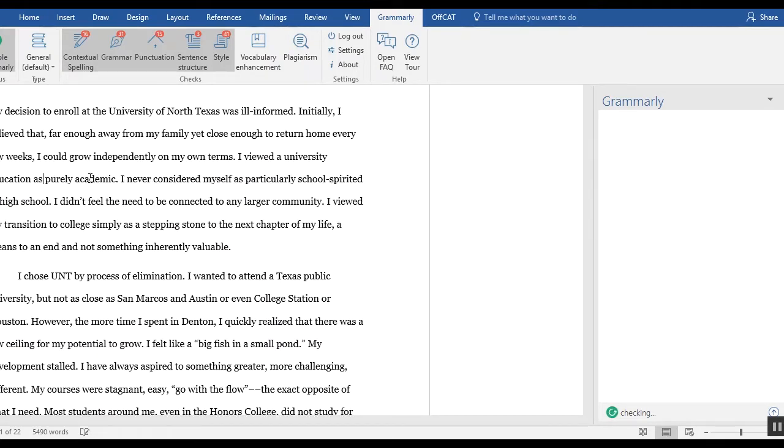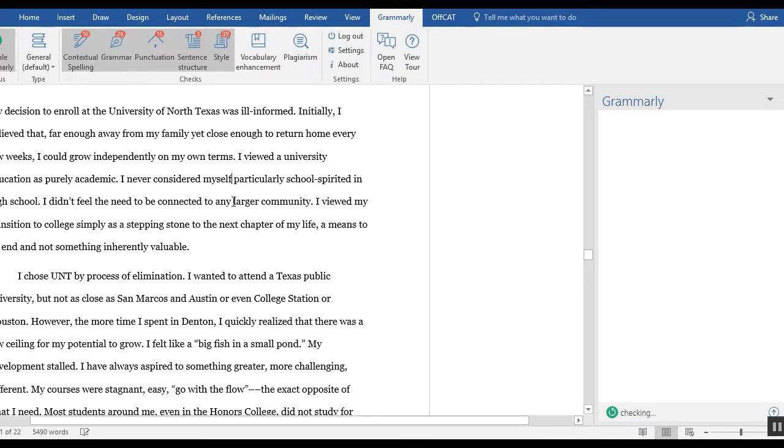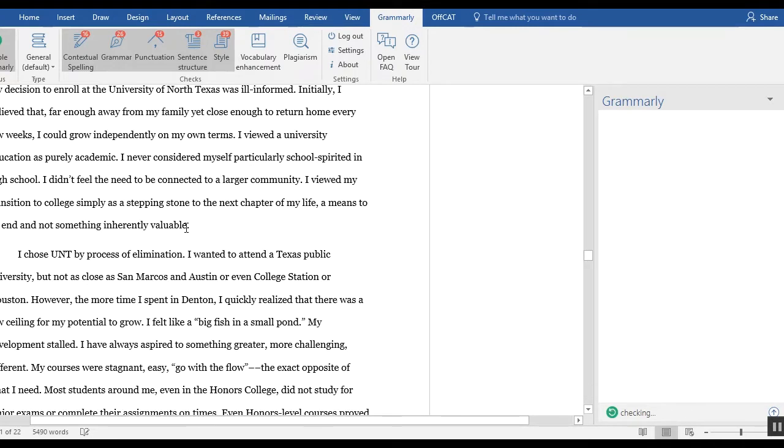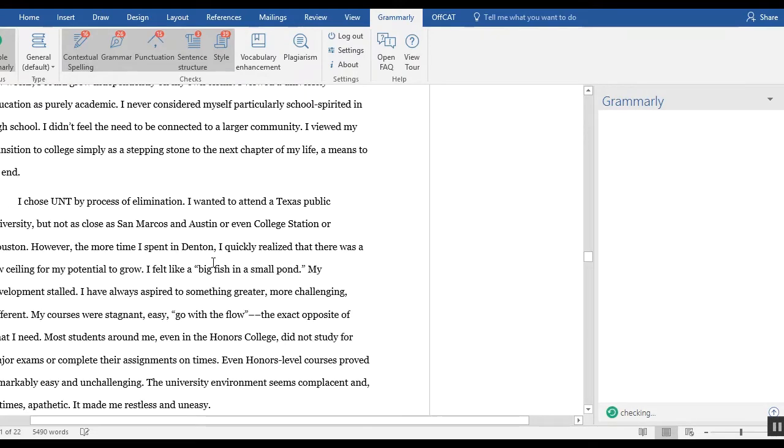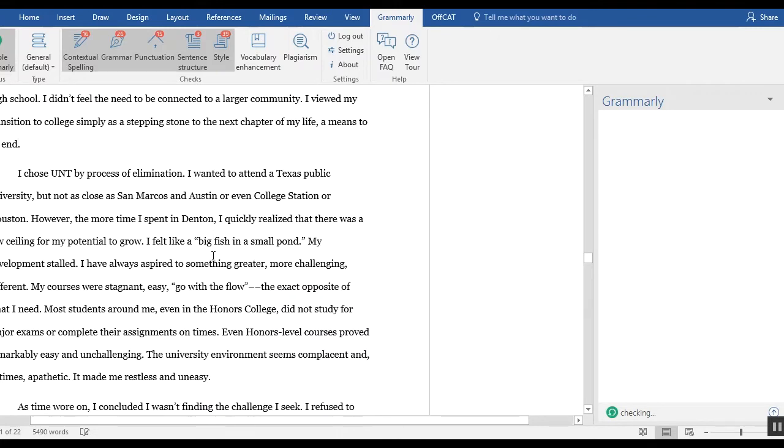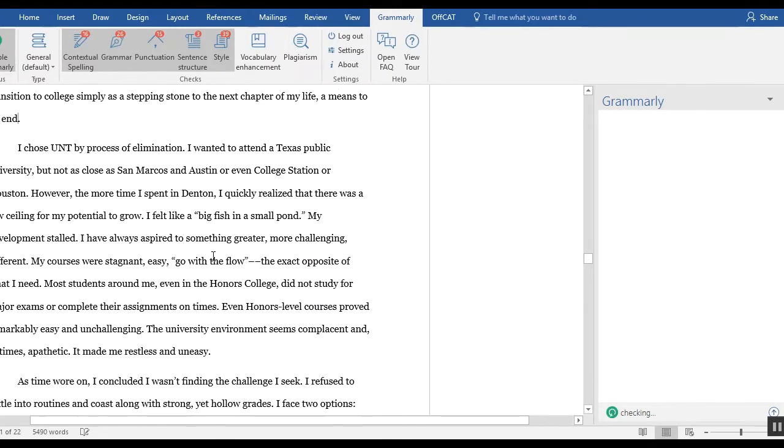Purely academic. I never consider myself particularly school-spirited. I didn't feel the need to be connected to a larger community. I wanted to attend a Texas public university, but not as close as San Marcos and Austin, or even College Station or Houston.